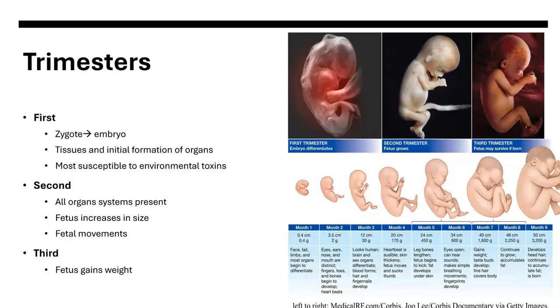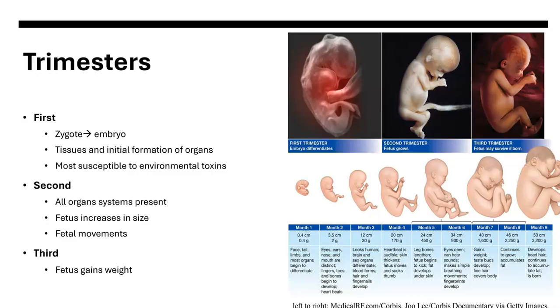This is when the embryo is most susceptible to environmental toxins. Whatever the mother has been exposed to matters, because if you think about it, it's forming the organs of the body. So just about every organ in the body can be affected by being introduced to some type of toxin.